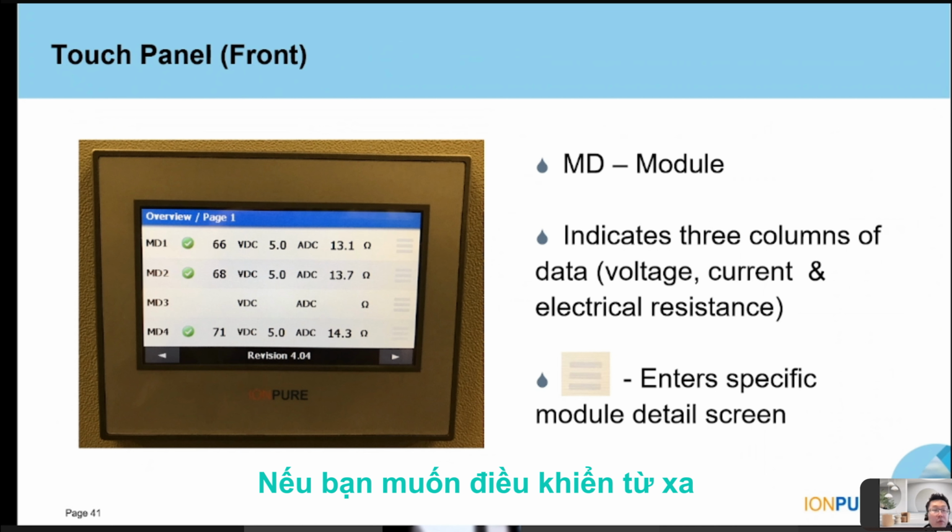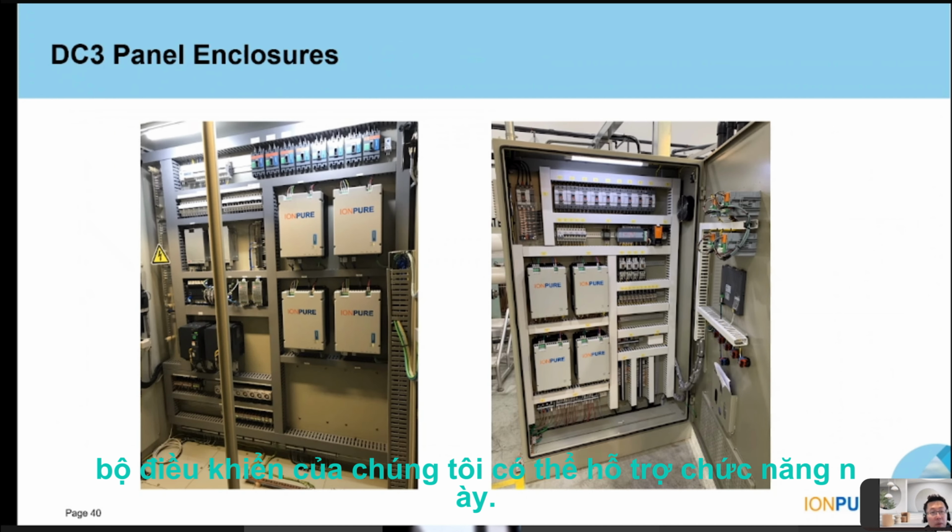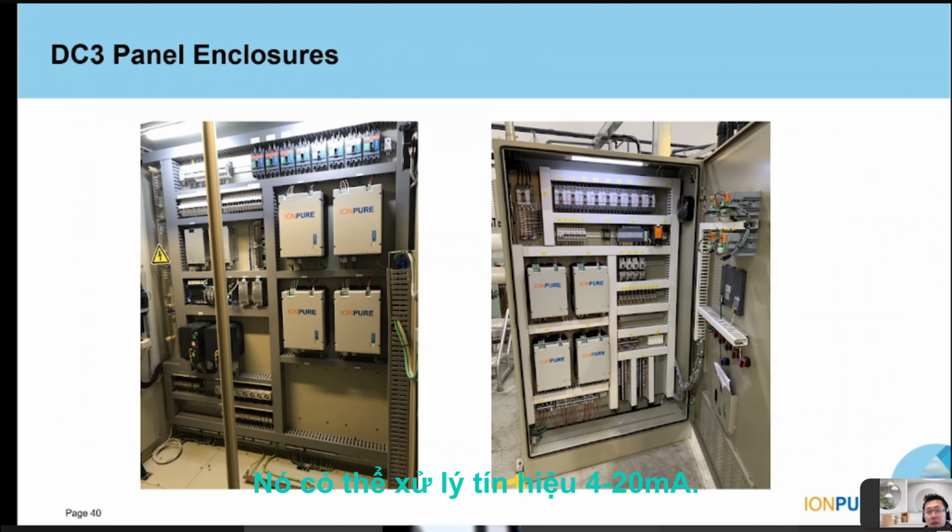If you want remote control or remote monitoring, our controller also has the capability. It handles 4 to 20 milliamp signals. So if your plant says, okay, I want to make use of my SCADA system to send a signal and tell the controller to run, yes, it's possible. I can teach you how to make use of that. It's too complicated now. That is only the first meeting, so I'm just going to stop here.